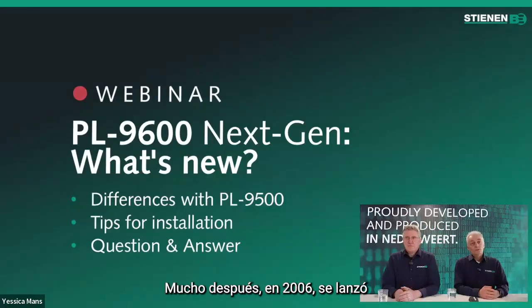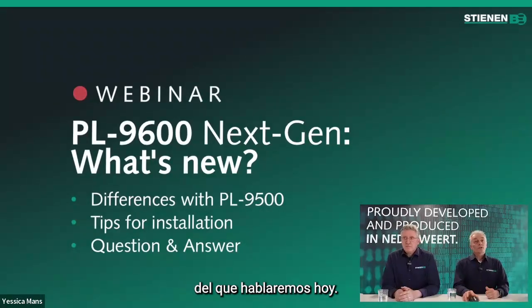Quite a while later, in 2006, the first PL computer was introduced, the PL-9200. In 2016, it was succeeded by the PL-9400 and PL-9500. And finally, last year, the PL-9600, which we are going to talk about now.